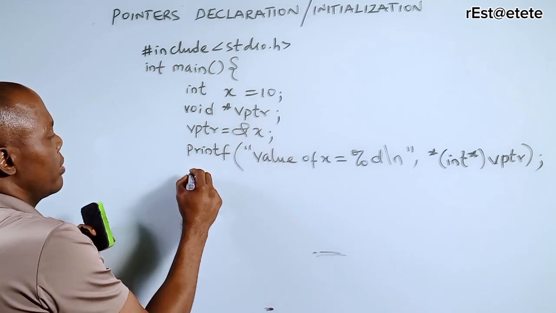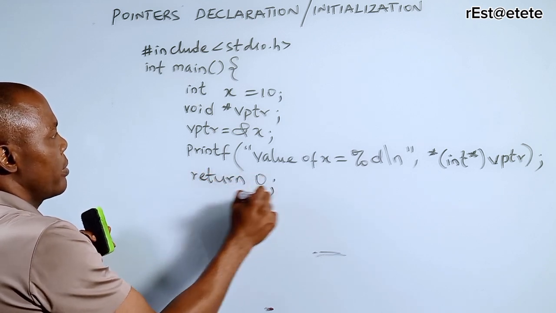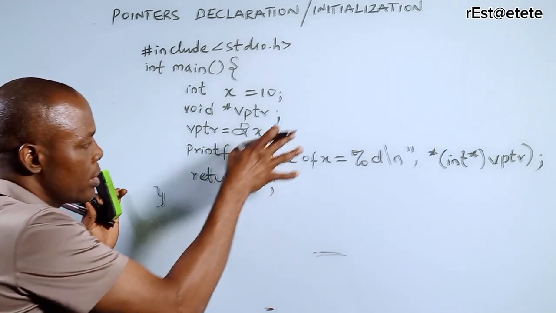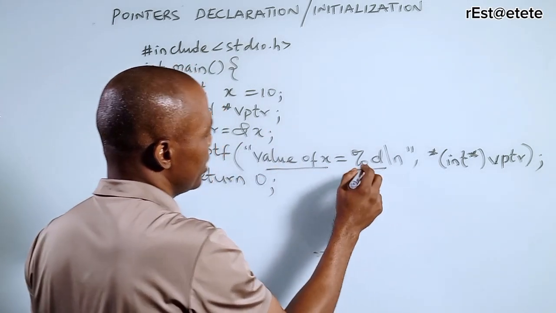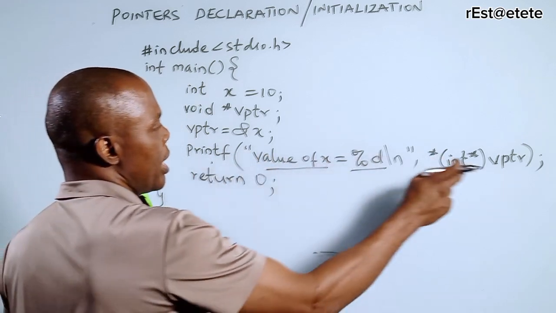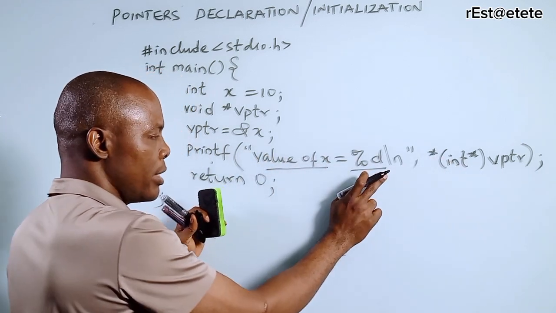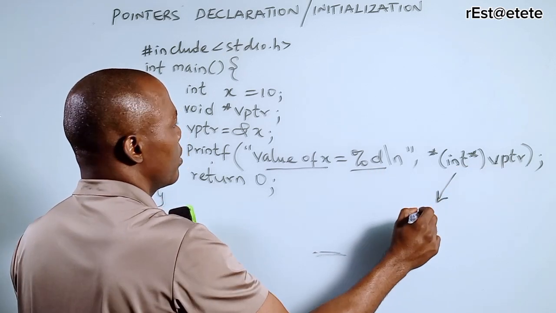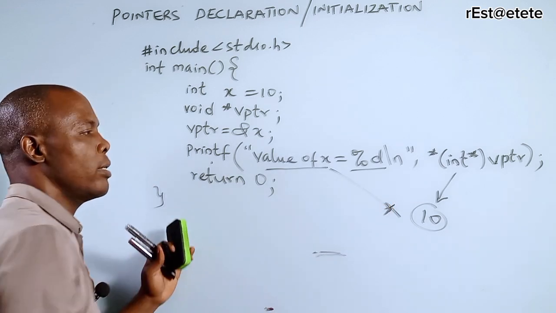So then I'll say return 0. Then my curly bracket, I'll close it. So this will simply print out this one, and this place is telling the printf function I'm going to supply you a value, print it out in the integer format. So this one will print out 10. So this will print this on the screen.